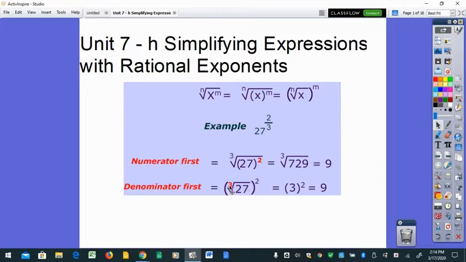So here, if you took the cubed root of 27, now that is an odd root of a positive number, so there's one solution, which is 3, and then square it, you would get 9. And up here you see that we are squaring the 27, making that 729, and then you've got to try to figure out what the cubed root is, and that's a harder road to travel versus making something smaller before you make it larger.